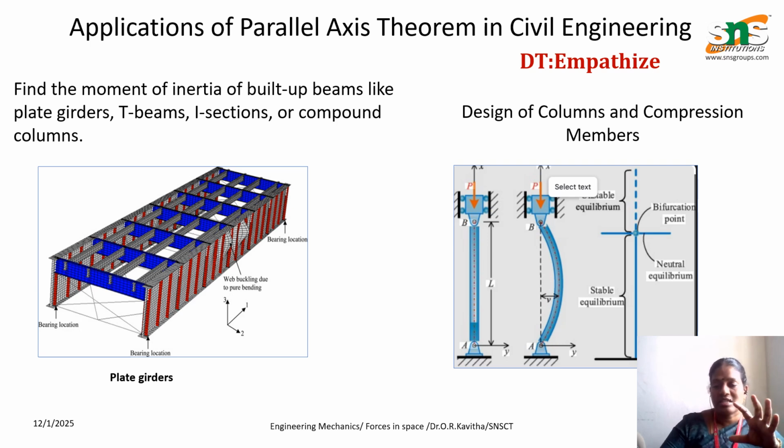Built-up beam means a combination of different shapes and sections. There are three types of joining: we can connect these different shapes by using rivets, welding or bolting.